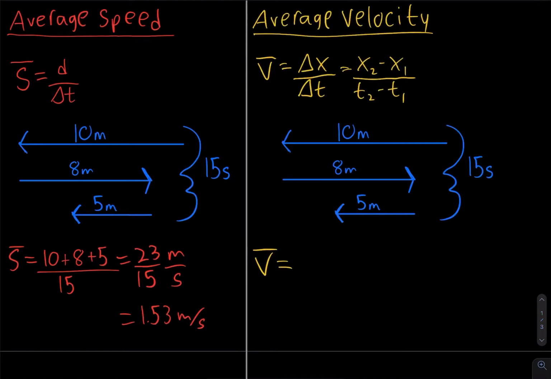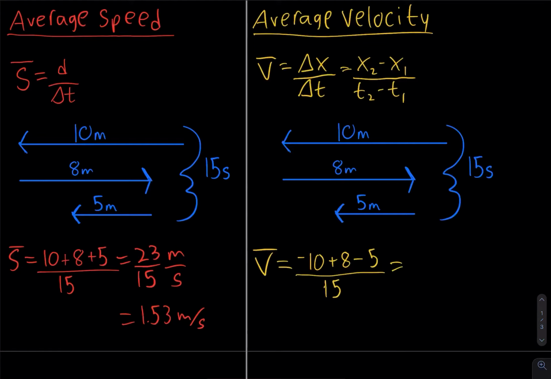So here I have left hand motion of 10, right hand motion of 8, and back left of 5. So my average velocity is going to be negative 10 plus 8 minus 5 divided by, and our time is again 15 seconds. Time is an example of a scalar quantity. Our displacement is a vector and our velocity here is a vector, but time itself is just a scalar, so it's just 15 seconds.